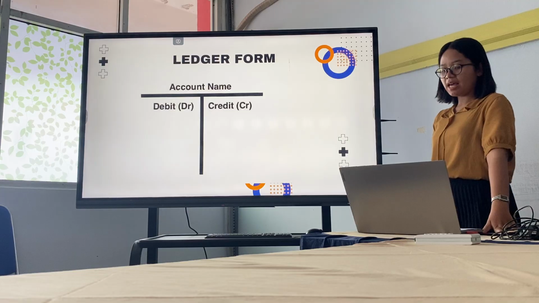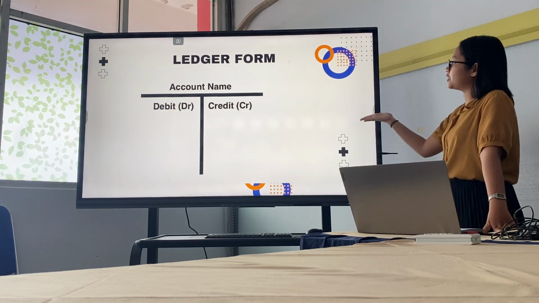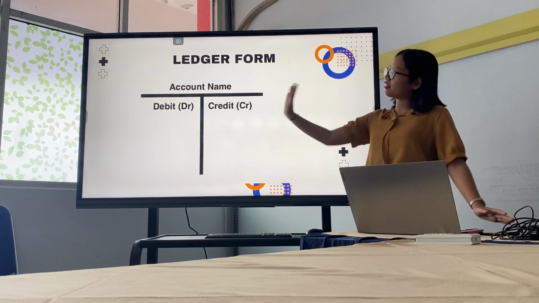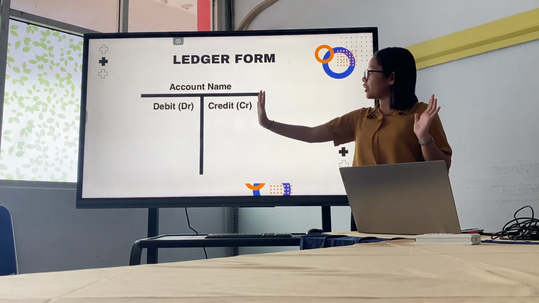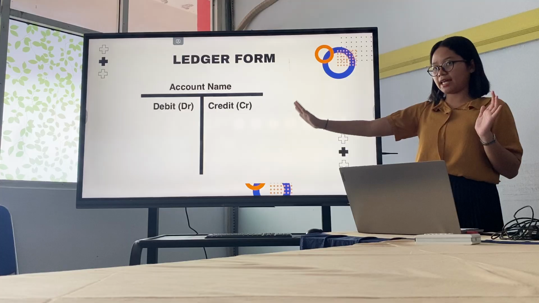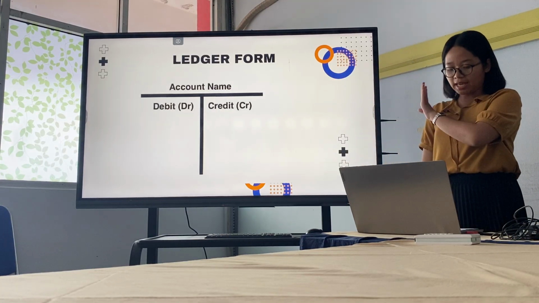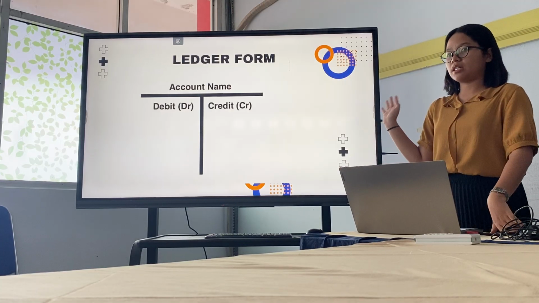Okay guys, as you can see in this slide, this is a ledger. On the left side we record the debit transactions, which usually increase assets or expenses, and on the right side we record credits, which usually increase liabilities, equity, or income.